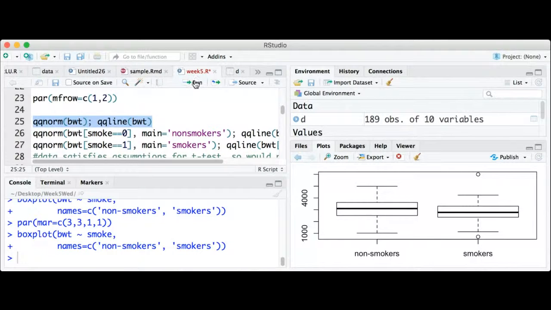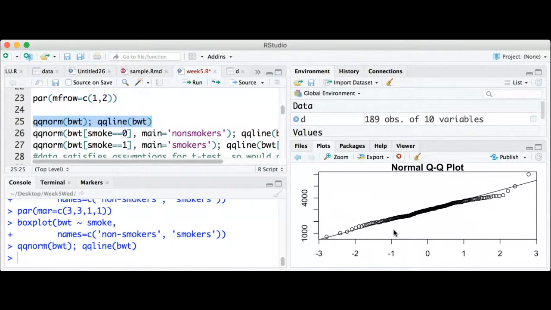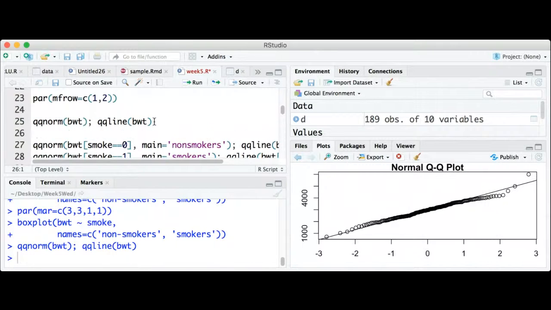Your standard QQ plot for the data that's combined looks like that. And you can use the qqline function to draw the line in there, which makes it a bit easier. So that's for the complete data.